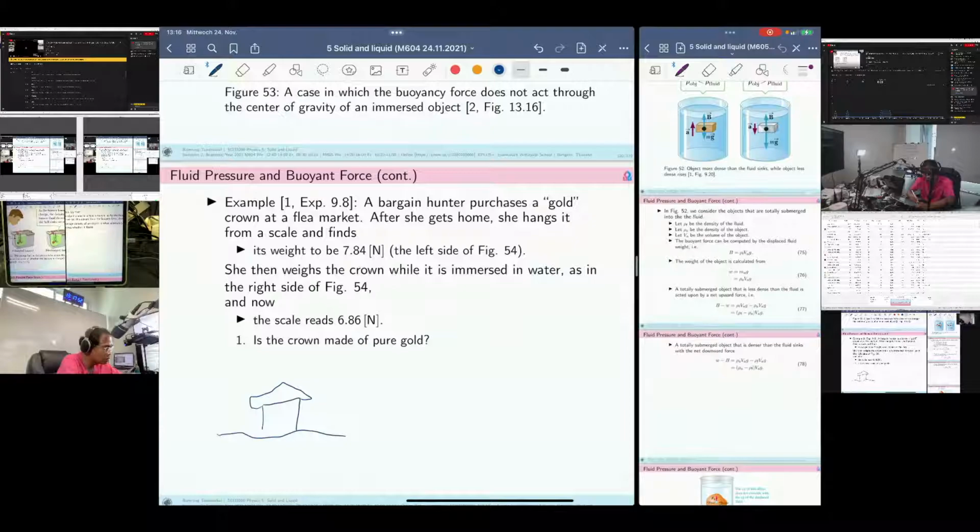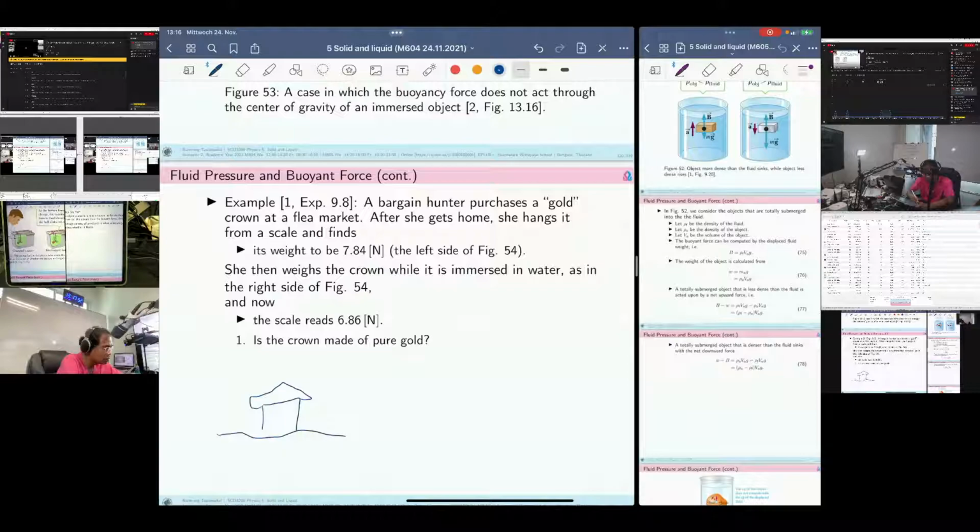She then weighs the crown while it is immersed in water. Unfortunately, she is not straightforward. She didn't directly use the typical weight measurement device, right? She leaves this one inside a glass or container that has the liquid inside, right?